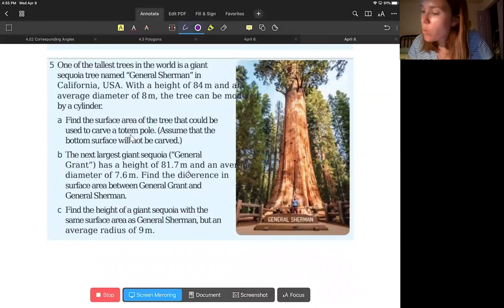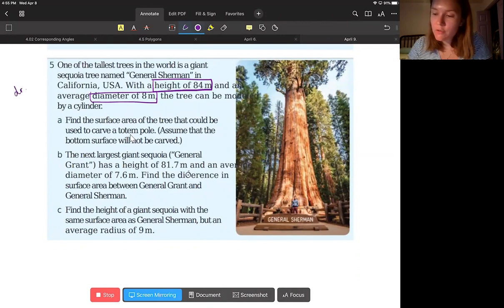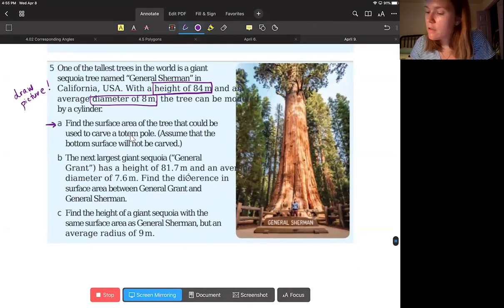So here's that important information you need: a height of 84 meters and a diameter of 8 meters. Okay, remember, I'm going to want you to draw a picture. Find the surface area of the tree that could be used to carve a totem pole.